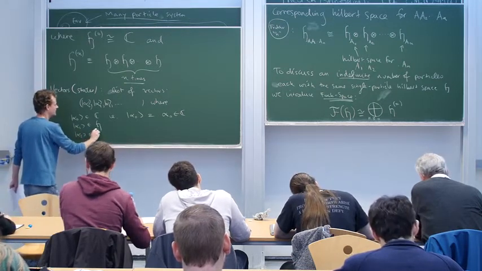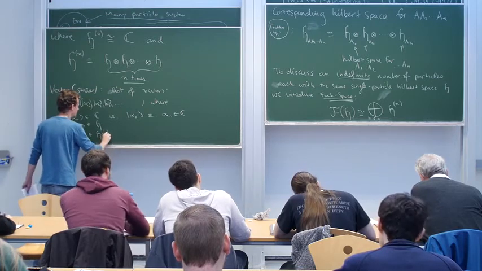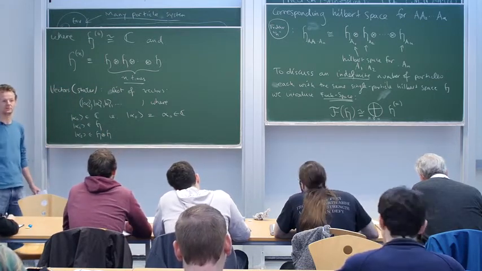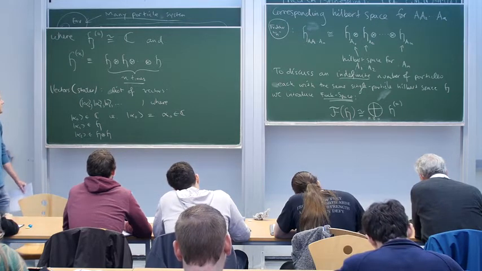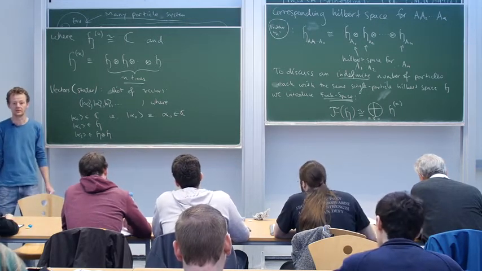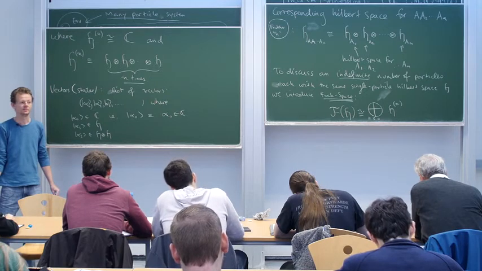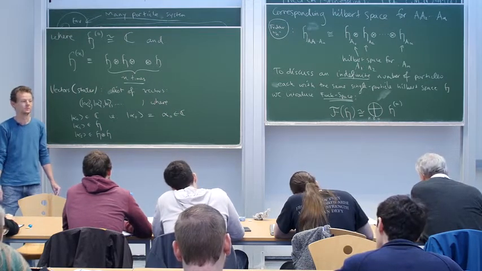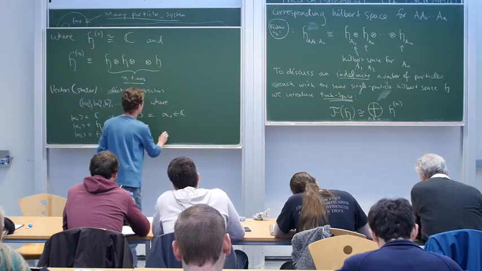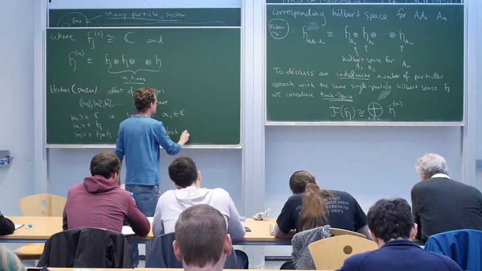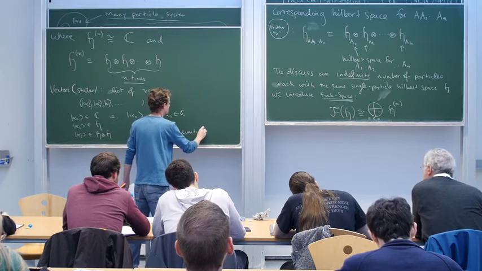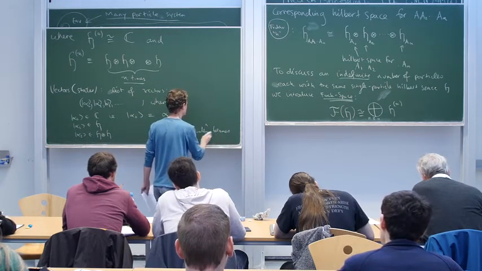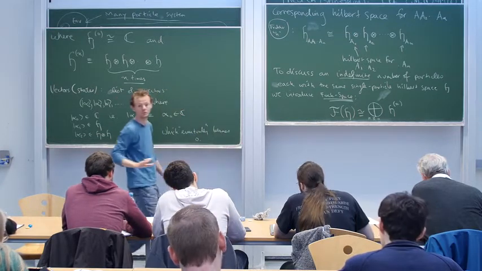Alpha 2 is an element of H tensor H, so it's a more complicated vector, possibly, and so on. It's an infinite list of vectors, which eventually becomes 0.